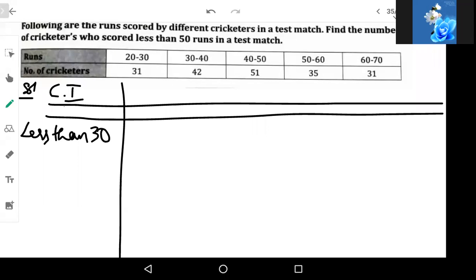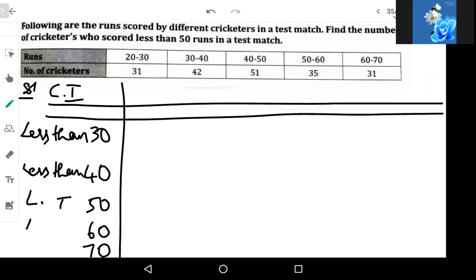Then less than 40, we have to leave some space in between, less than 50, less than 60, and less than 70. Correct? Less than 30, 40, 50, 60, 70.